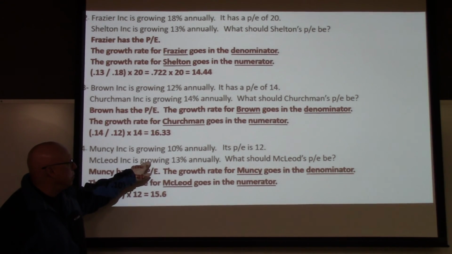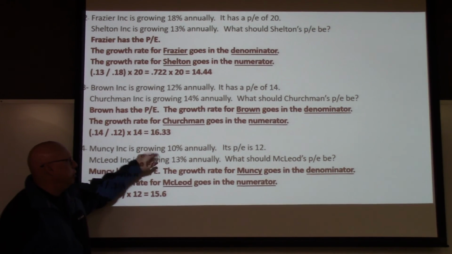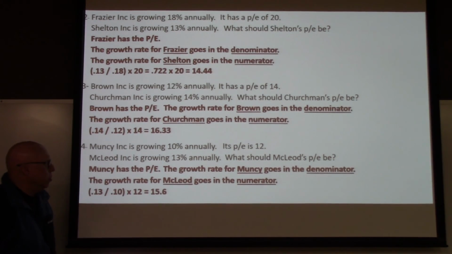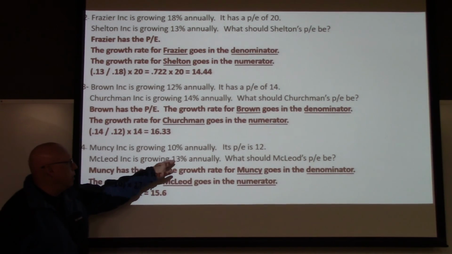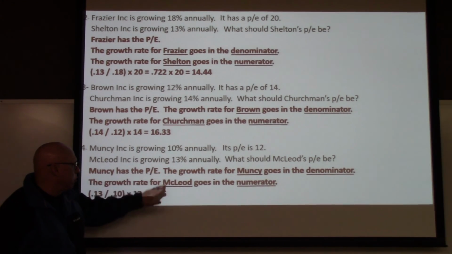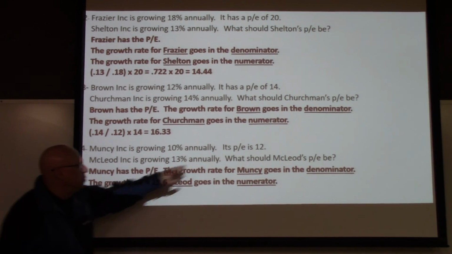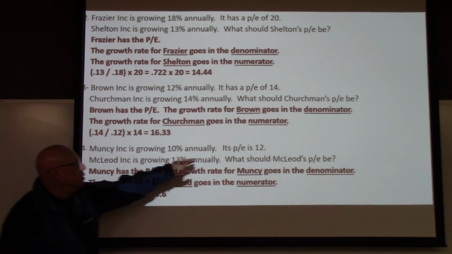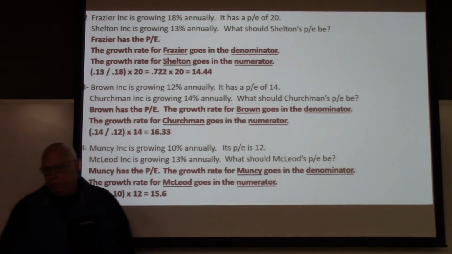The growth rate for the company that does not have the multiple goes in the numerator. Multiply that ratio by the multiple, and you get the new multiple. And if a company is growing faster, then its multiple should be higher. Okay? If the company in question is growing slower, then its multiple should be lower.